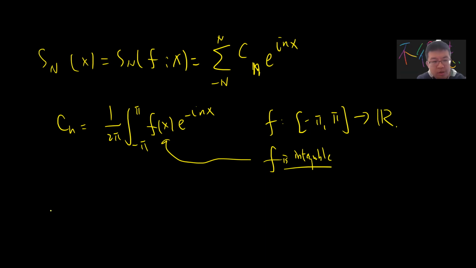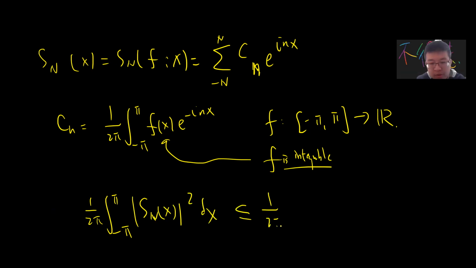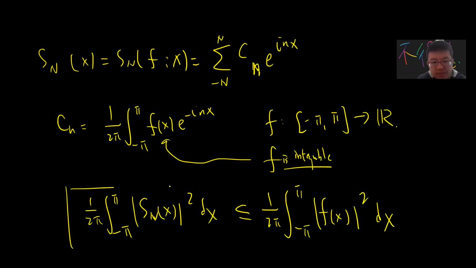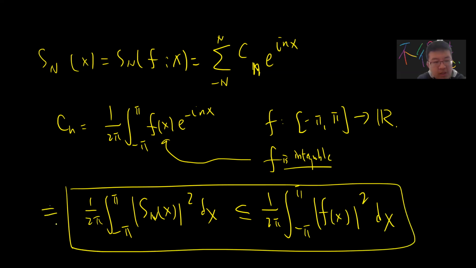What I proved in the previous theorem is that the square of this partial sum S_n is less than or equal to 1/2 pi times the integral from negative pi to pi of f(x) squared dx. This is the preliminary result that I proved previously.